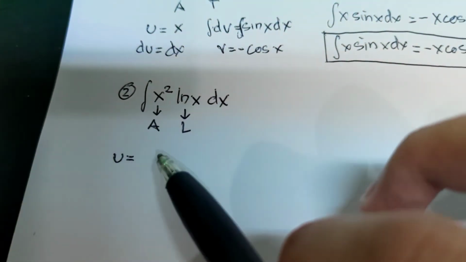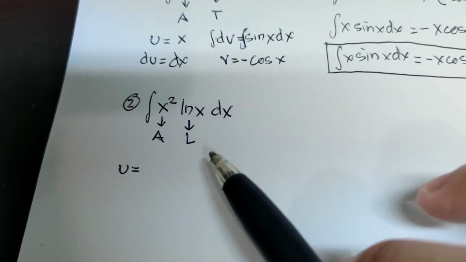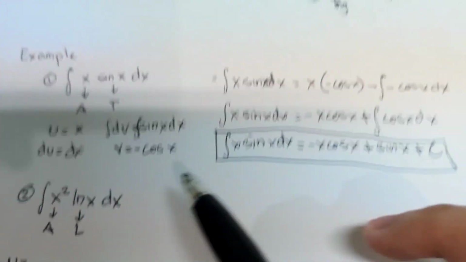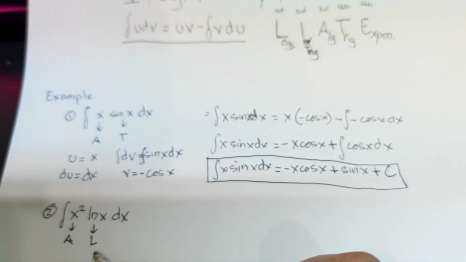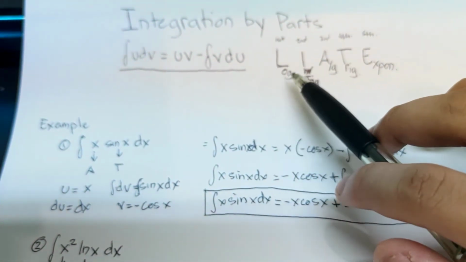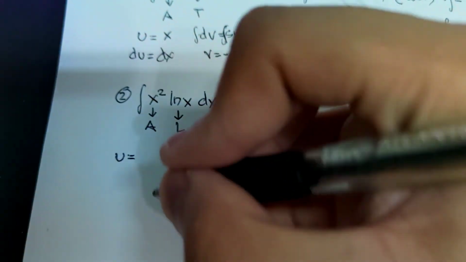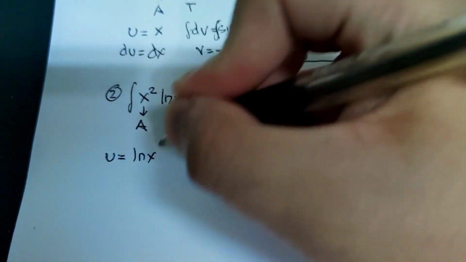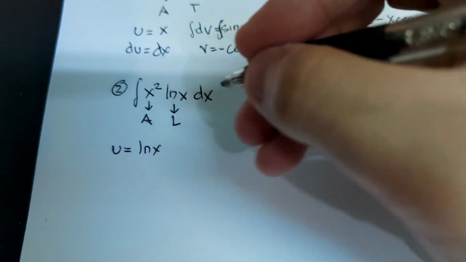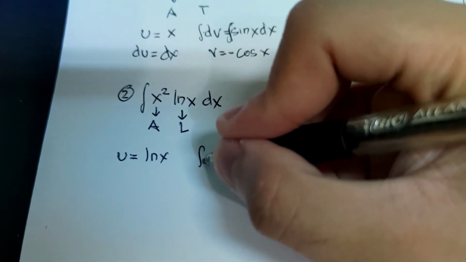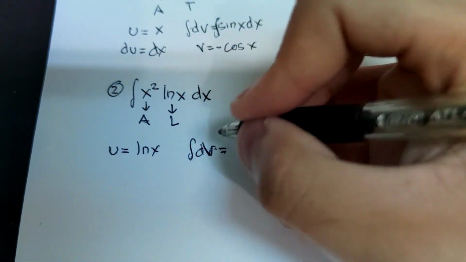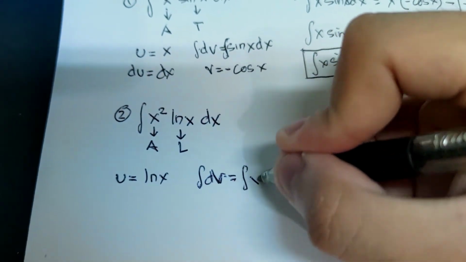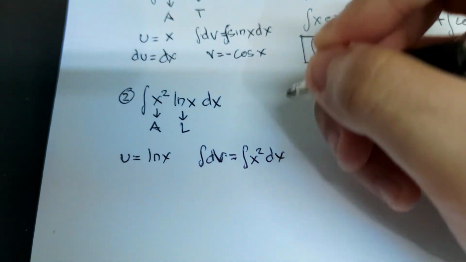We have algebraic and logarithmic here. So which comes first, algebraic or logarithmic? Logarithmic comes first, so ln x will be our u, and our dv will be x squared dx.